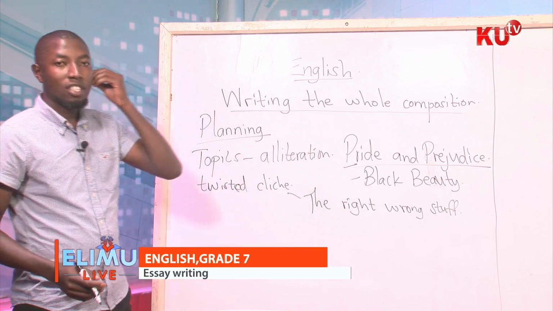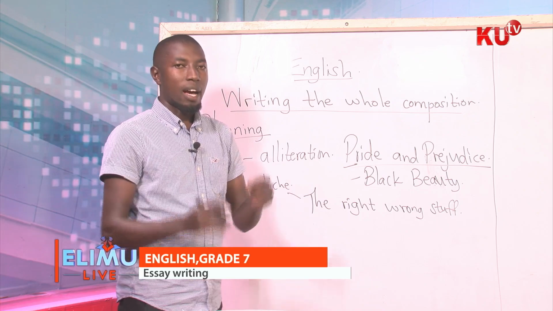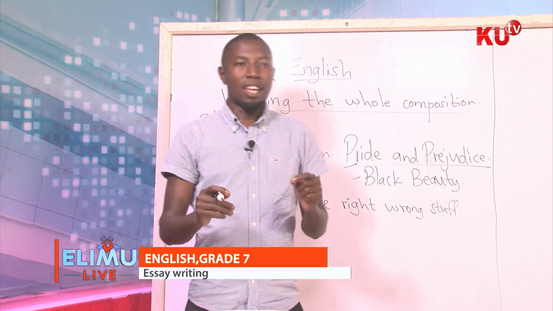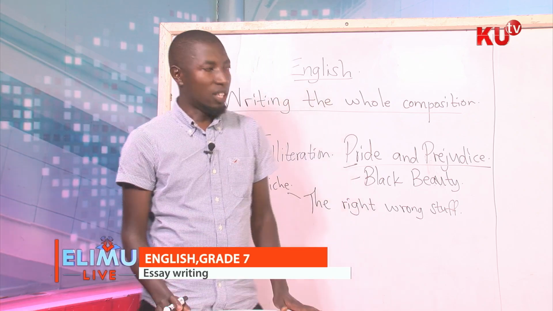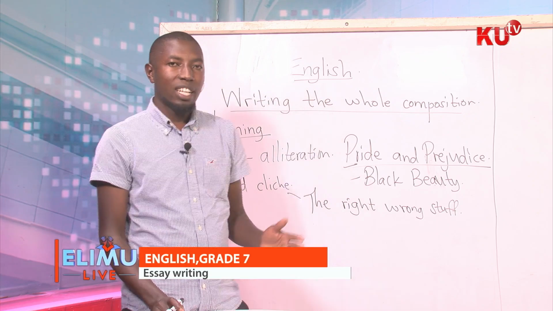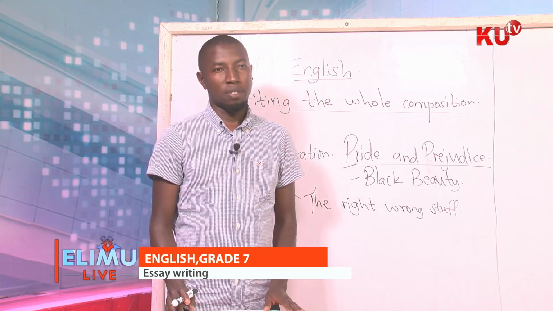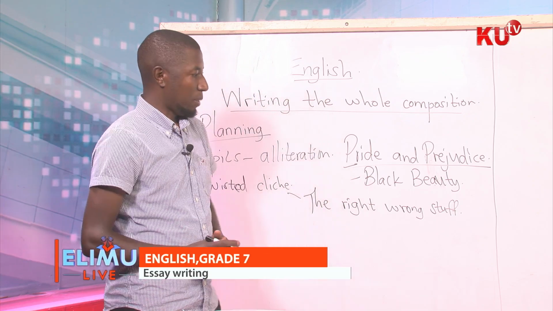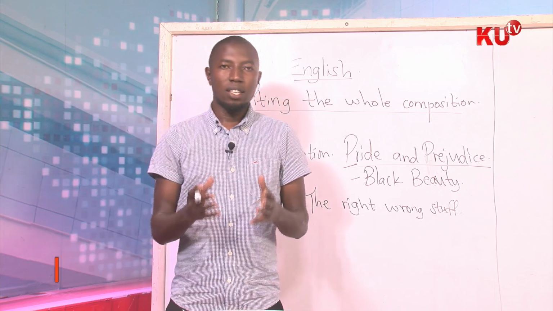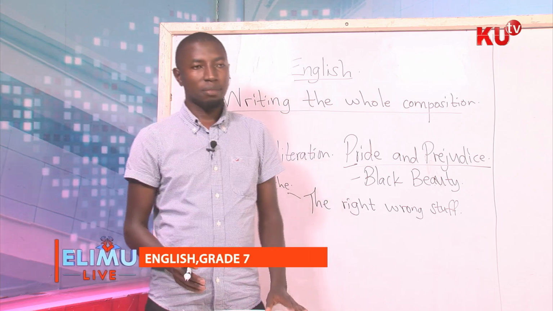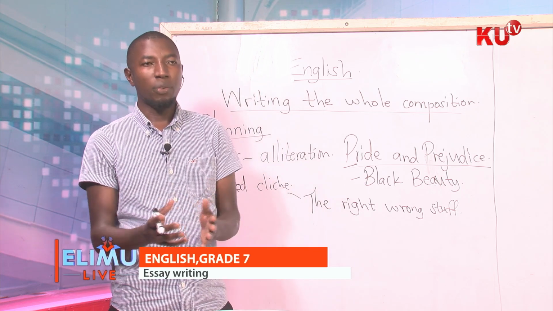A twisted cliche is another style you can use. I am aware that in the junior secondary, you have already learned how to use proverbs in writing topics. It is not one of the best because they are obvious.